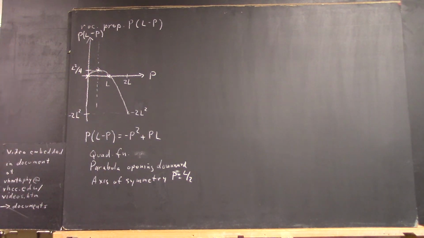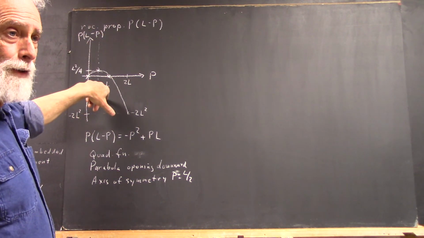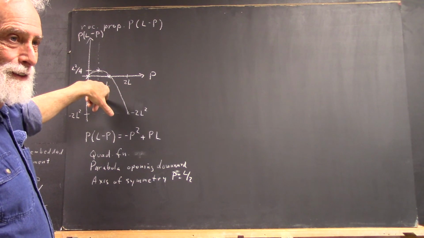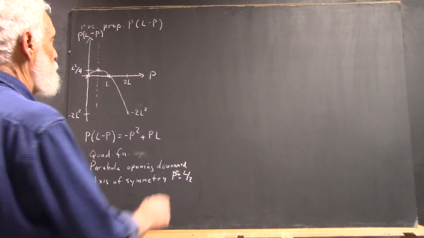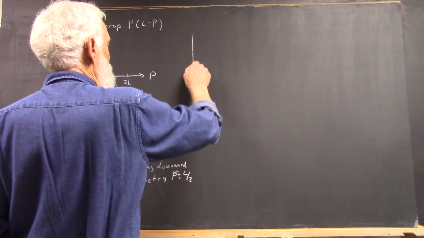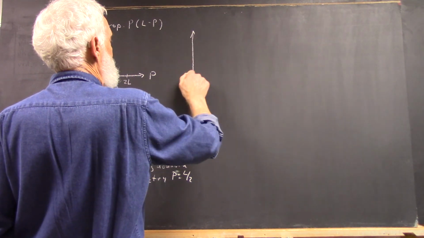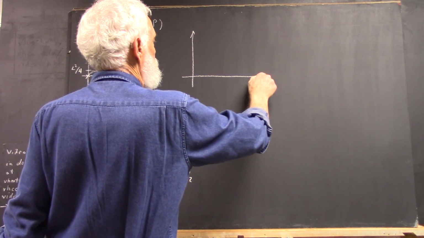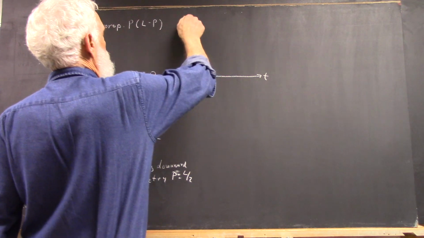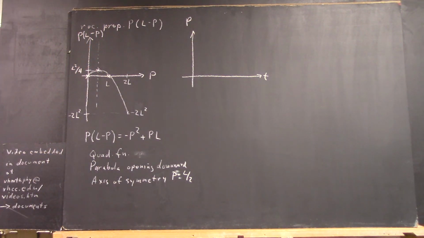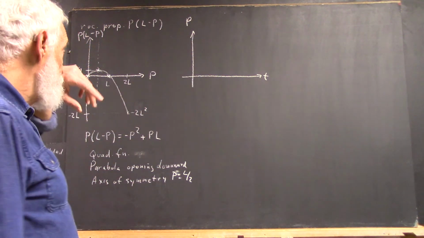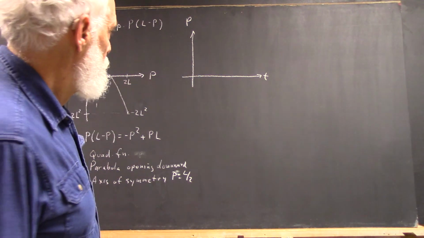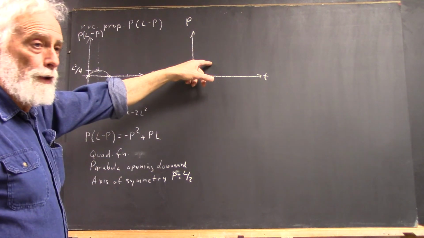Okay, now, we've spent a fair amount of time just graphing this function, when we're really after a graph of P versus T. Now there are different ways to deduce this graph.